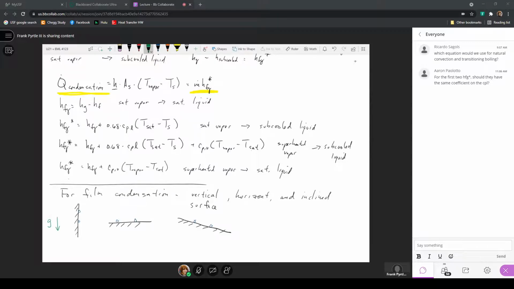The heat transfer coefficients typically, for exactly the same conditions, the highest heat transfer coefficient you're going to get is for a vertical surface. The next lower one will be on an inclined surface, and the lowest one will be for a surface that is horizontal, due to the rate at which condensation can move off of the surface in order for more vapor to be exposed to a cool surface to get condensation to occur.